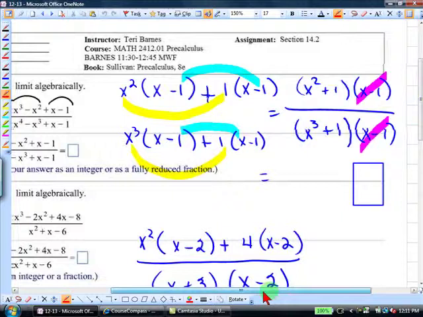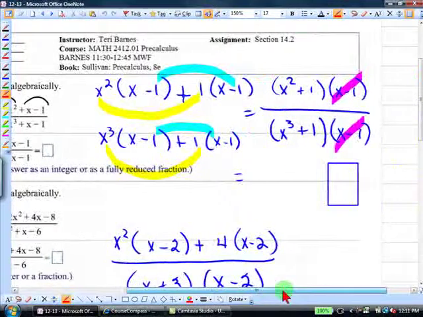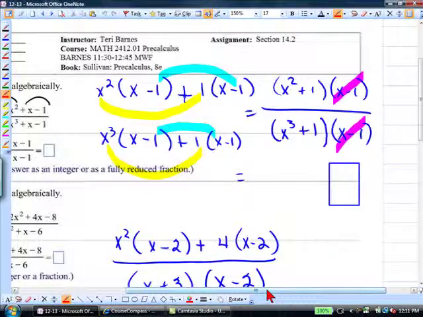What are we approaching? 1? Yeah, 1. What's it going to be? Because you end up with 2 over 2? Yeah. Okay.